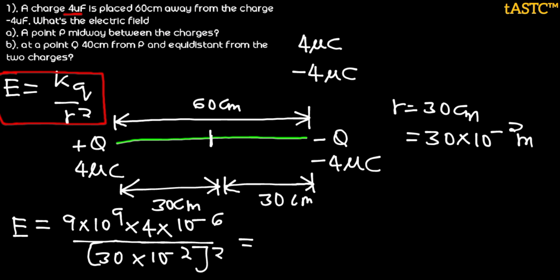So that gives us 4 multiplied by 10 to the 5th. So the electric field here is 4.0 multiplied by 10 to the power of 5 Newton per Coulomb.